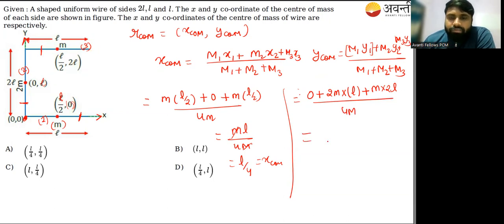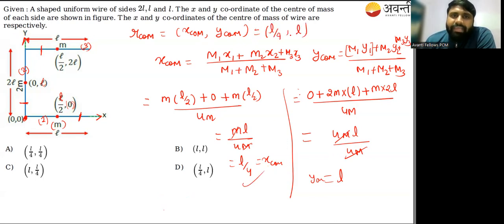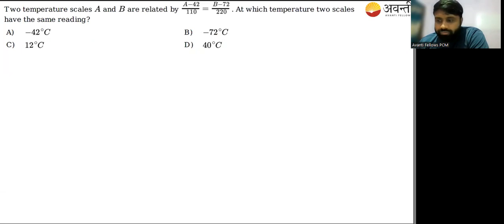So 2m L into 2 will become 4mL upon 4m. 4m will cancel out. So finally, x center of mass we have L by 4 and y center of mass we have L. So option D is the correct one. Very simple. Move on to the next one.